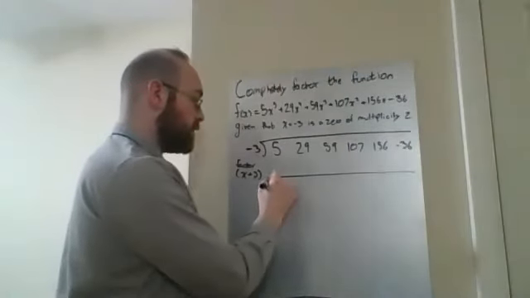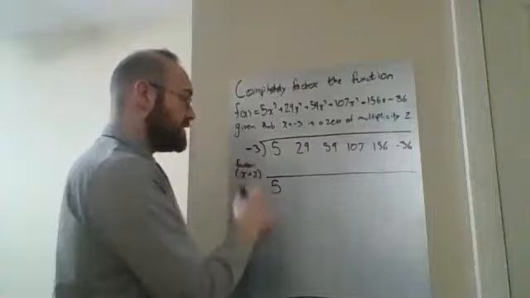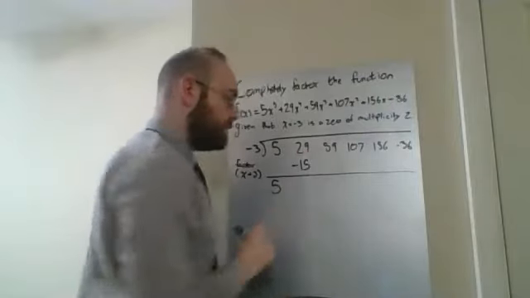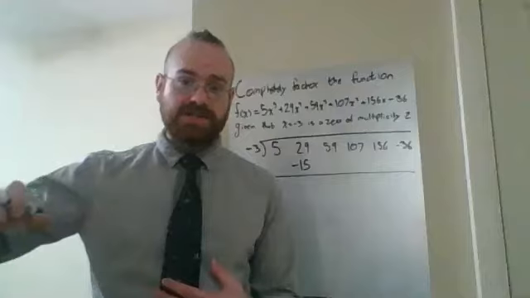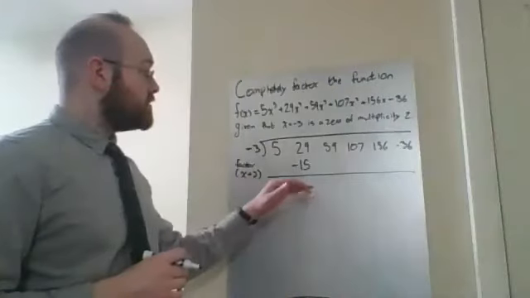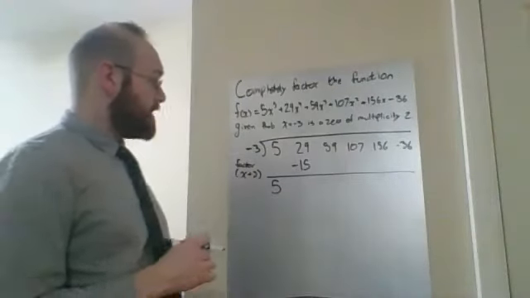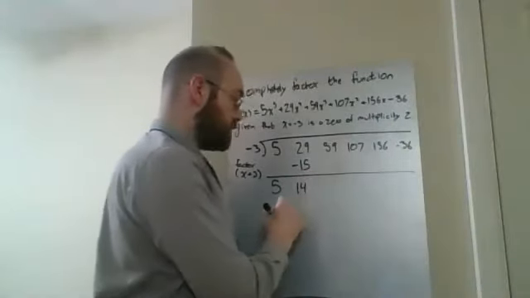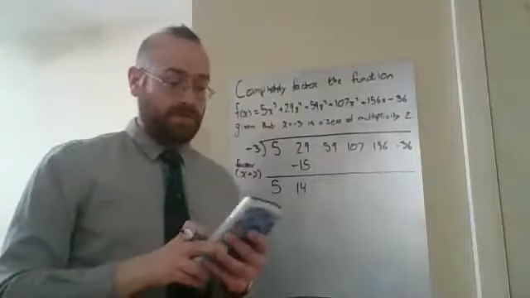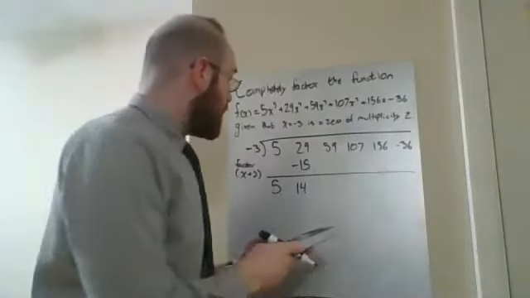So we carry down our first number, we multiply by -3, that's -15. I encourage you at this point to pause the video and see if you can finish this step on your own. So 29 minus 15 is going to be 14. I'm going to need to grab my calculator. Some of these numbers can get big.